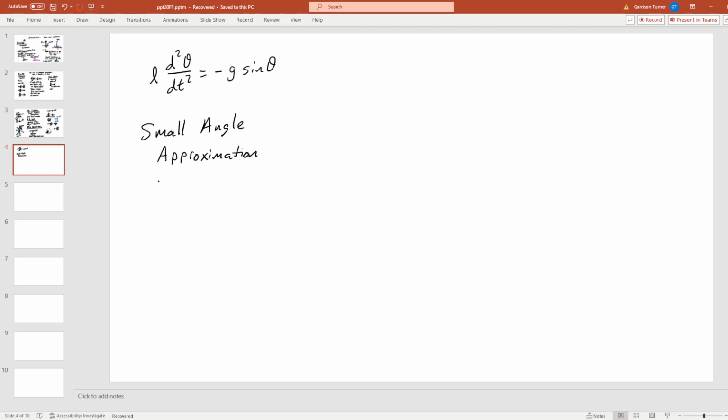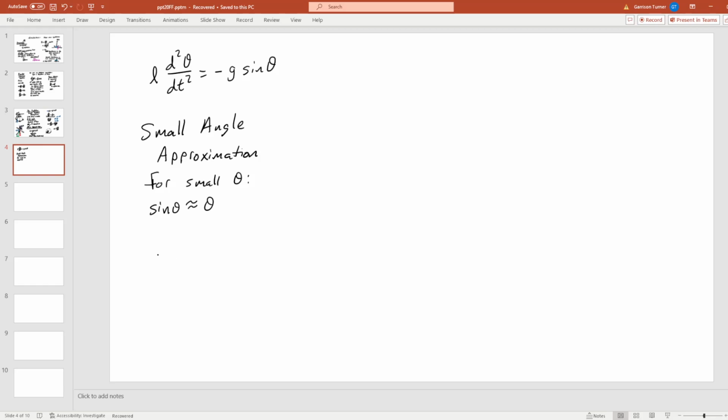The small angle approximation says that for small theta, sine theta is approximately equal to theta. Okay. For small angles, sine of theta is approximately equal to theta.